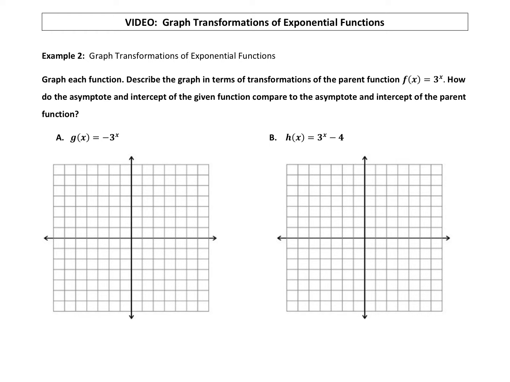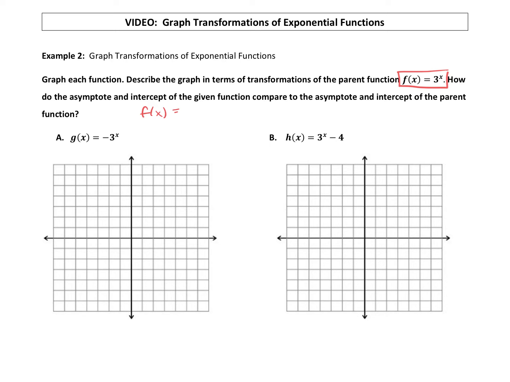Okay, anyway, what I would like to do is graph the parent function, f of x equals 3 to the x power, and then graph this transformation, just so we can compare and see. So the parent function, I'm going to write up here. I'm going to write it where I have the a and the b value.